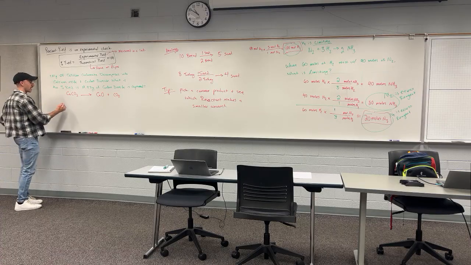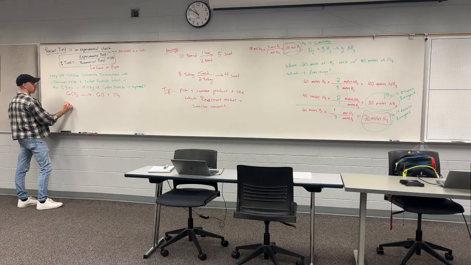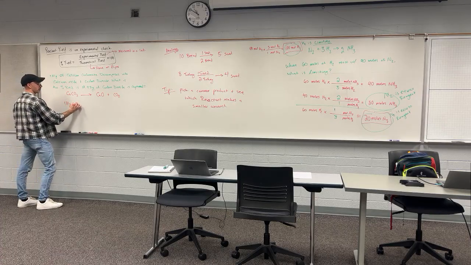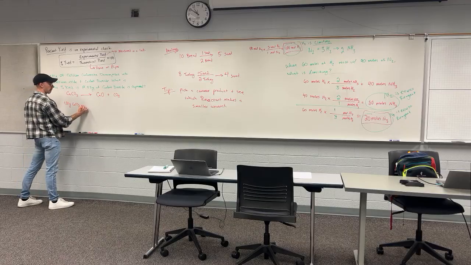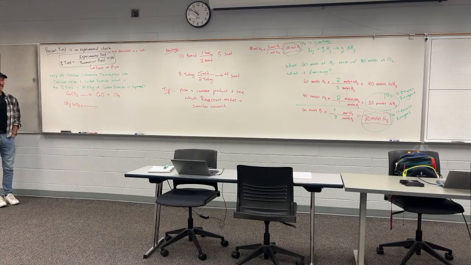But we are saying that 1.31 grams of calcium carbonate can be converted into either calcium oxide or carbon dioxide, but I only know the mass of carbon dioxide that was captured, so I want to make sure I convert into carbon dioxide.